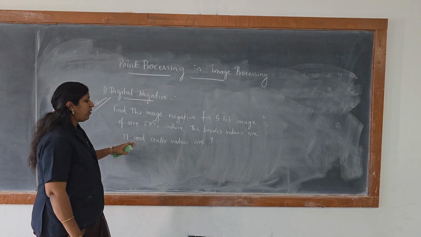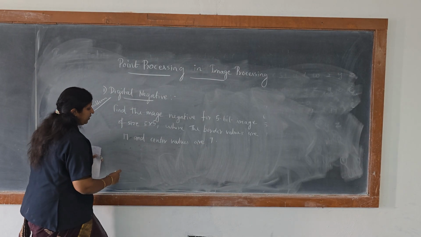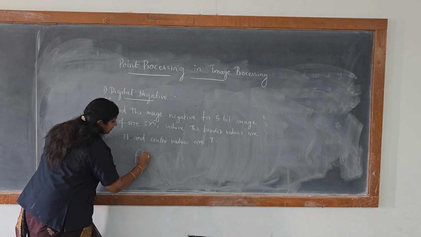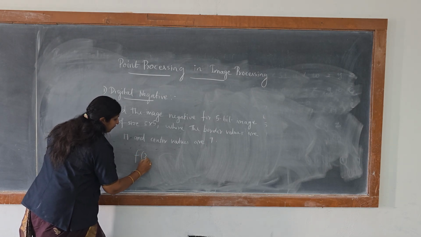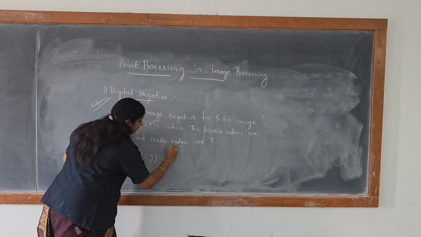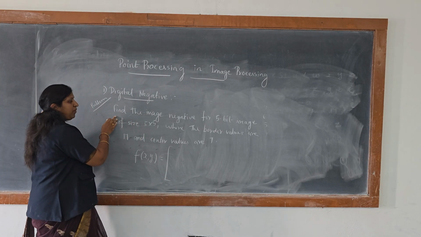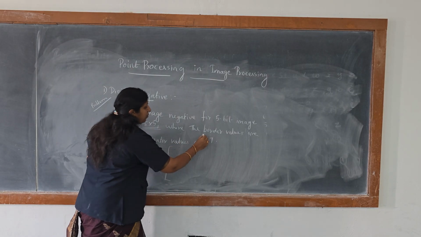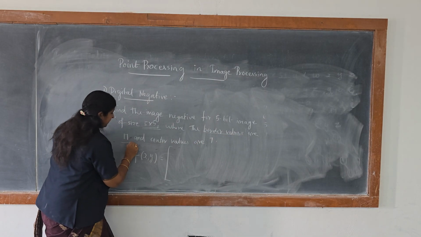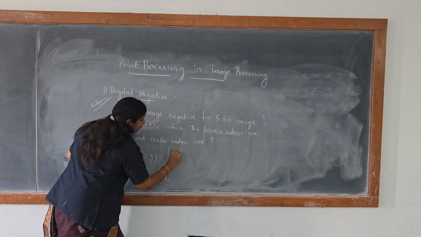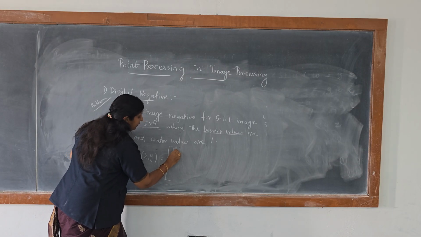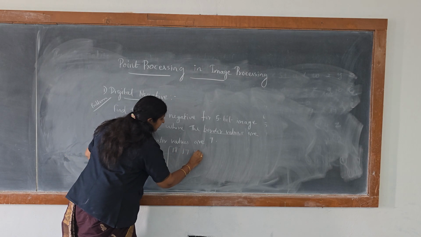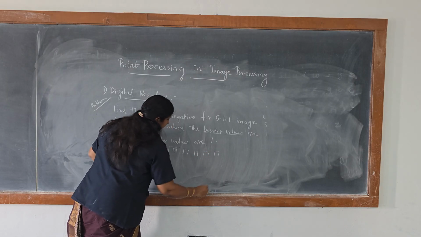Okay. Now we can form the input image. So the image matrix for the input image, f of x comma y, is equal to, so in the problem statement they have mentioned it's a 5 cross 5 matrix and the border values are 17. Okay, so put a 5 cross 5 matrix with border values 17 first. 17, 17, 17 and 17.